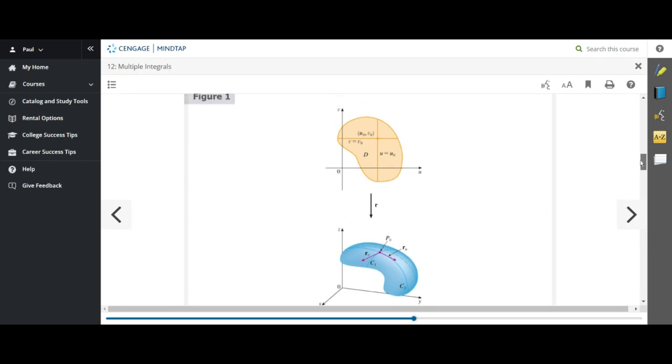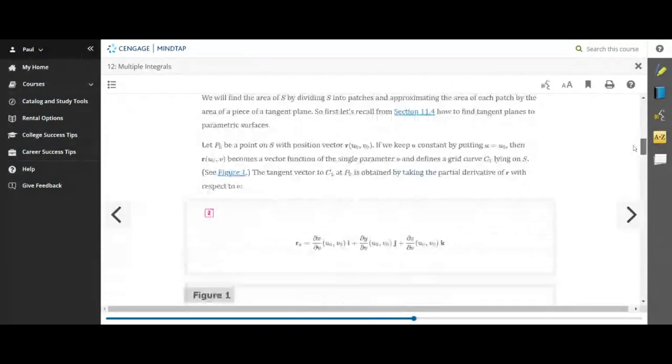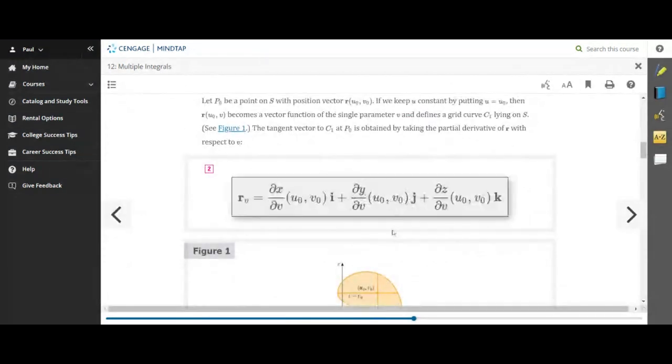So given that, the tangent vector r sub v is defined equals this, right? You're holding the u variable constant, evaluating those components with respect to v, and then putting in the value for the v variable, v sub 0.